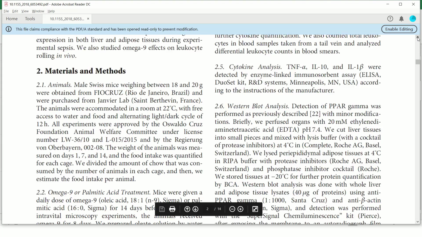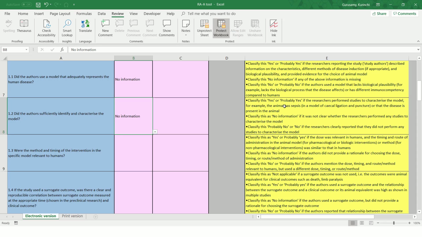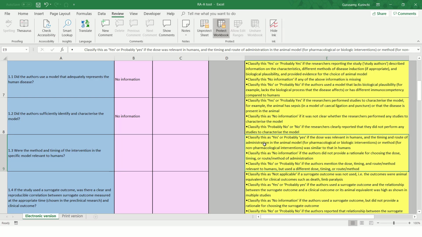So it was the correct route, but nothing more. They haven't justified why they gave 0.28 milligram. Is that the dose that's equivalent in humans? Don't know. So that's where we are. Method and timing of the intervention in the specific model relevant to humans.